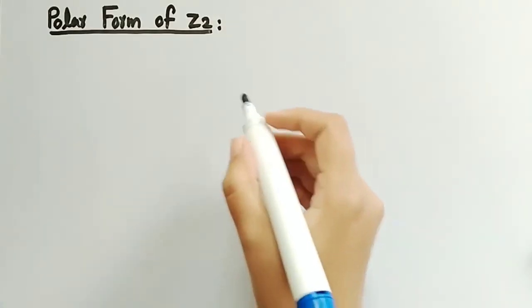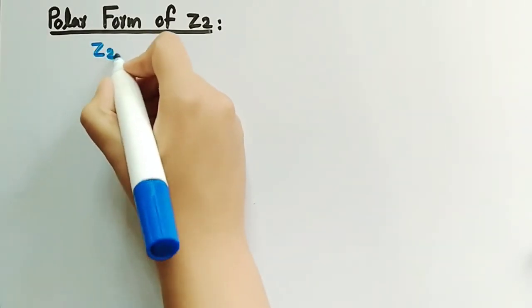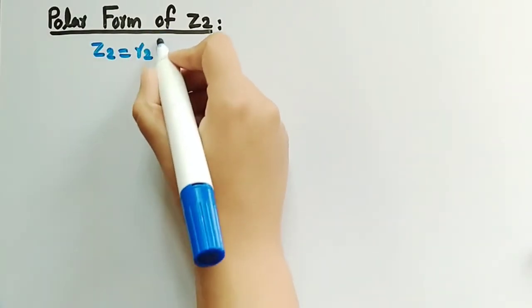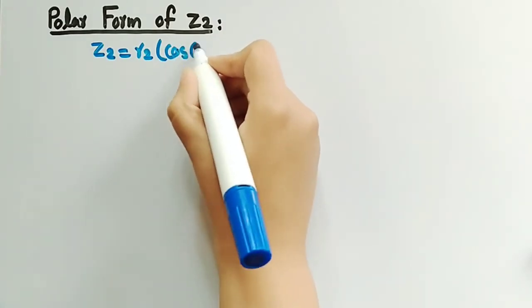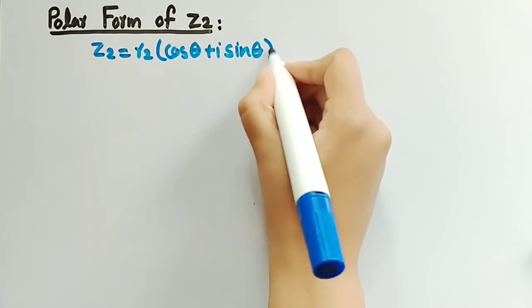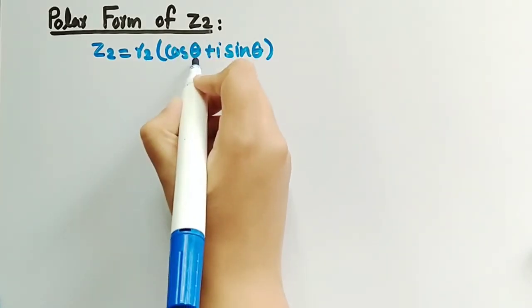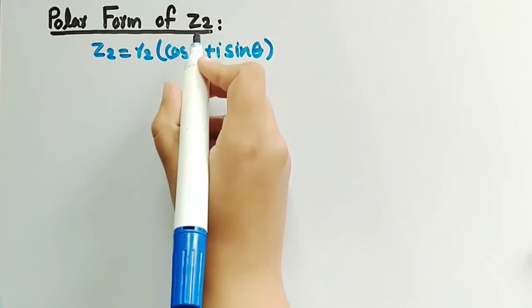Now we will find the polar form of the complex number z2, which will be equal to r2 cos theta plus iota sin theta, where r2 is the modulus of the complex number z2 and theta is the principal argument of z2.